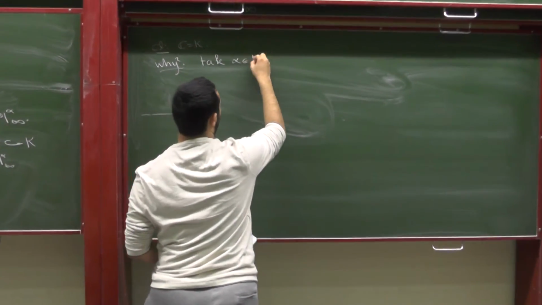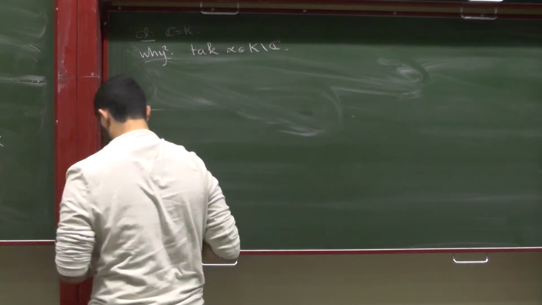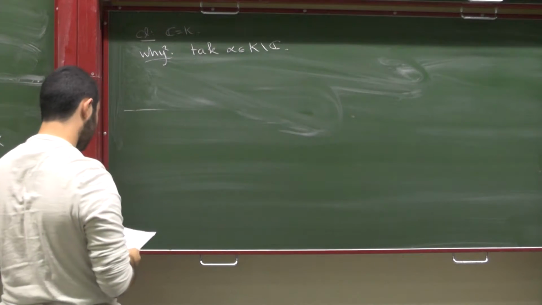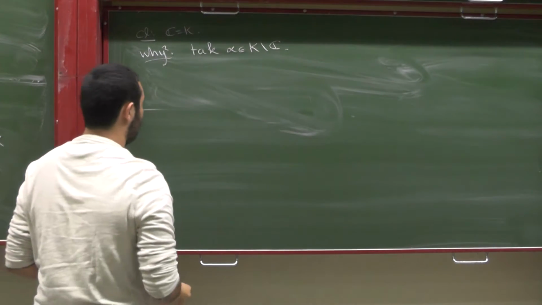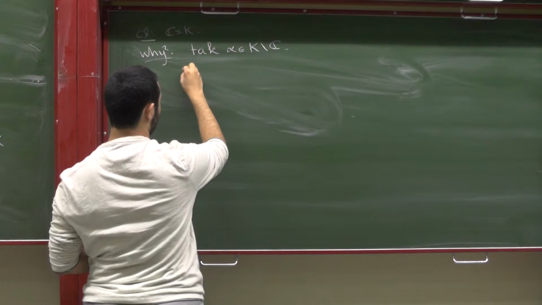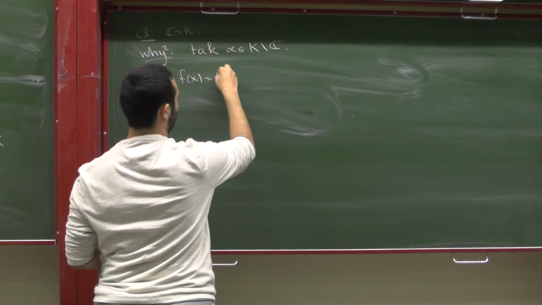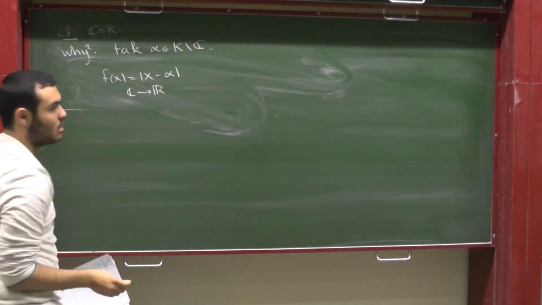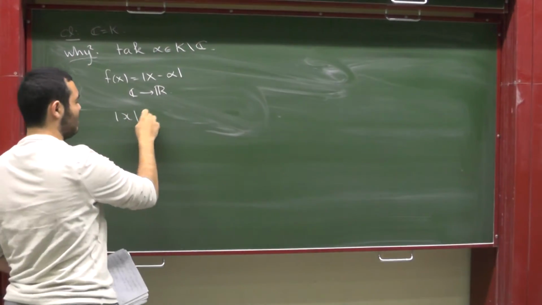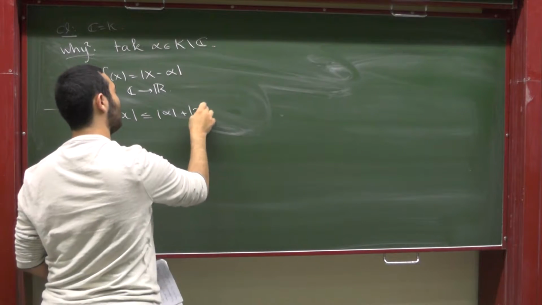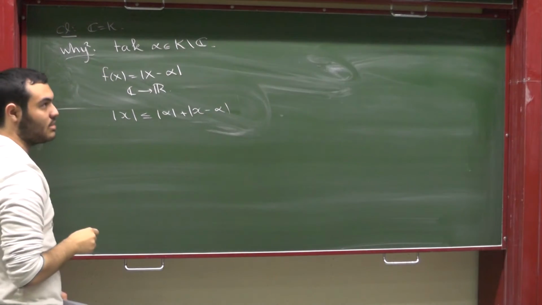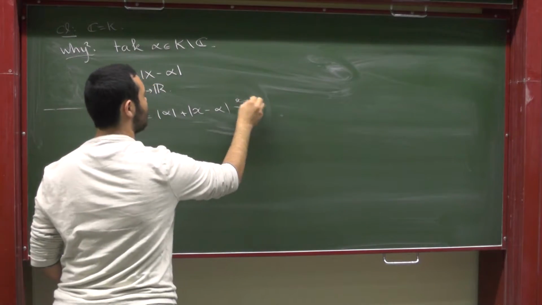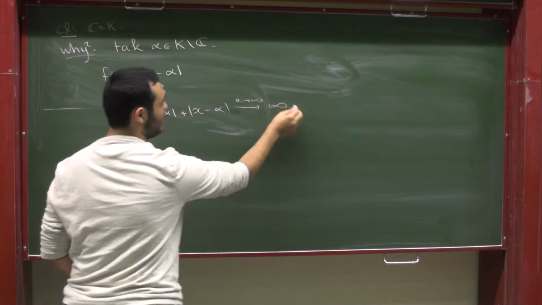So take some alpha which is in K. Sorry, choose any alpha not in C. Well, look at the function that tends to infinity, because this tends to infinity, this must tend to infinity.